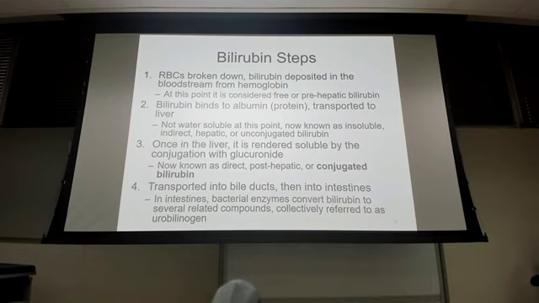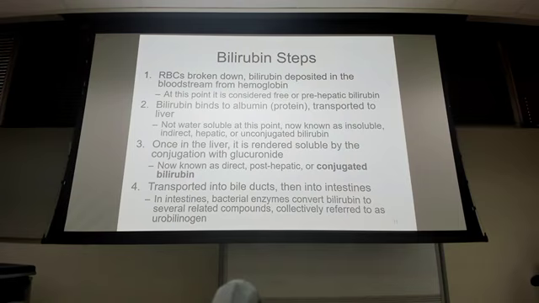The main thing you need to know about bullet 3 there is that the bilirubin becomes water-soluble by conjugation with glucuronide. And now it has 3 new names. We can refer to it as direct, post-hepatic, or conjugated.